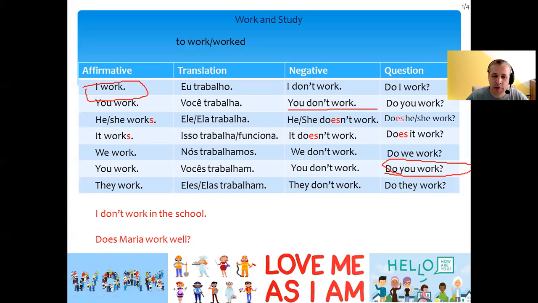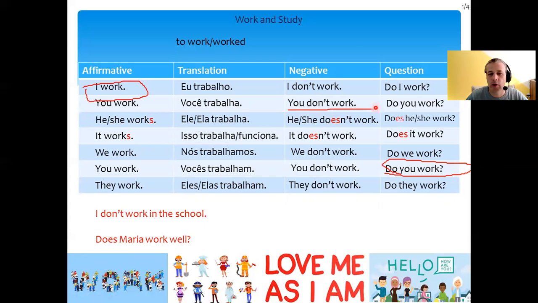Next one, guys. Repeat, please. Does Maria work well? What is it? Remember, guys, well. Well é bem. Does Maria work well? A Maria trabalha bem? Okay. And how can you say você não trabalha bem?